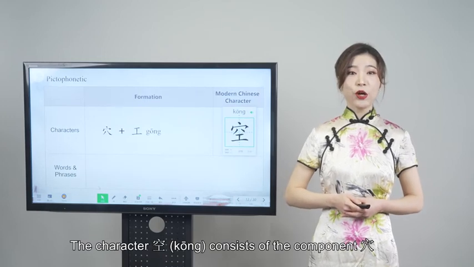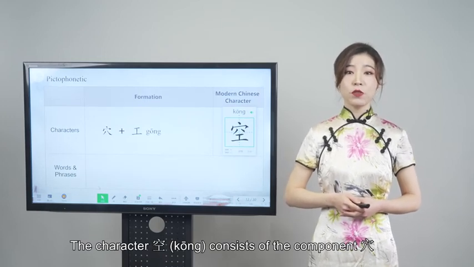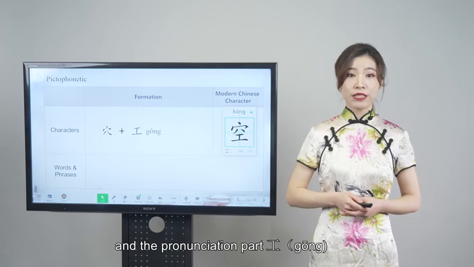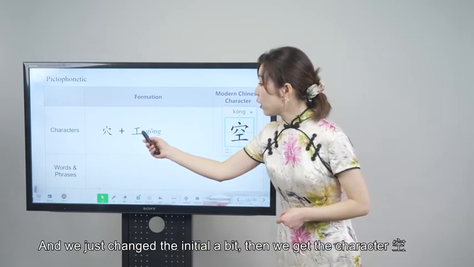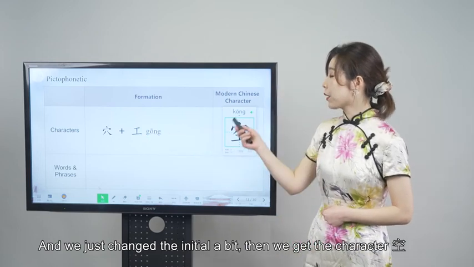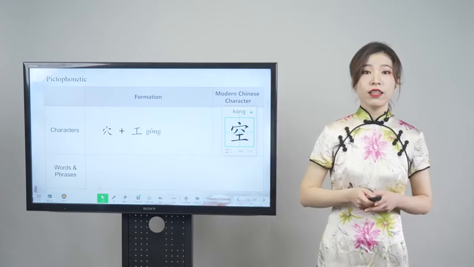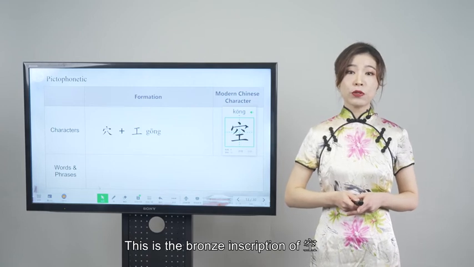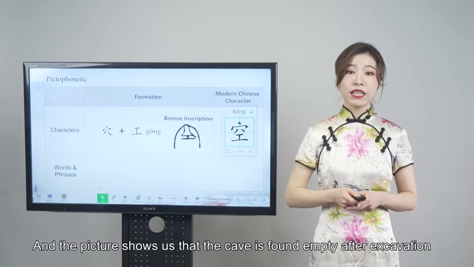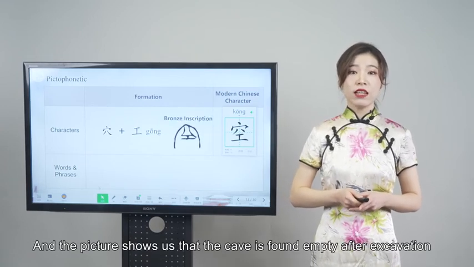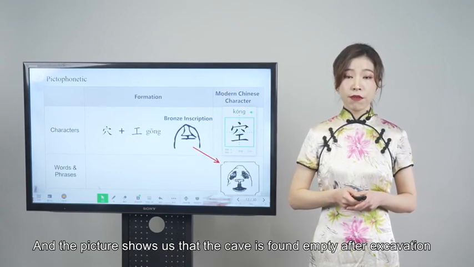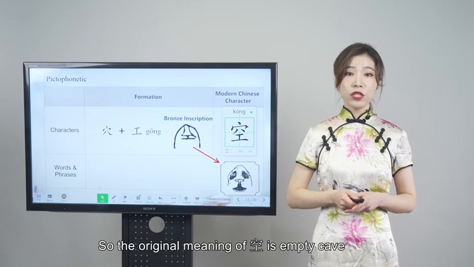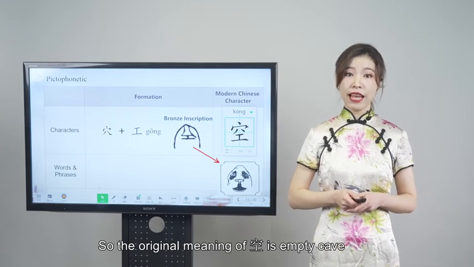The character 空 consists of the component 穴 and the pronunciation part 工. And we just change the initial a bit, and we get the character 空. This is the bronze inscription of 空. And the picture shows us that the cave is found empty after excavation. So the original meaning of 空 is empty cave.